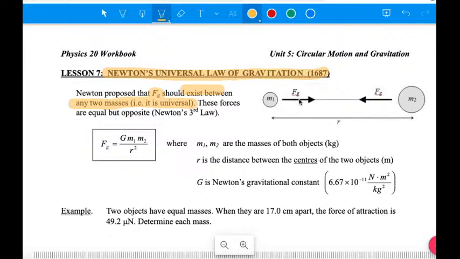So where does this force come from? What does it look like? You can almost think about it, and don't get too confused here, it's almost like a magnetic force between two magnets that are held close together. But instead of being magnetically charged, all they need to have for gravitational force is mass. So any object with mass, here I'll get a bit out of the Physics 20 mindset and think forward a bit to Einstein.